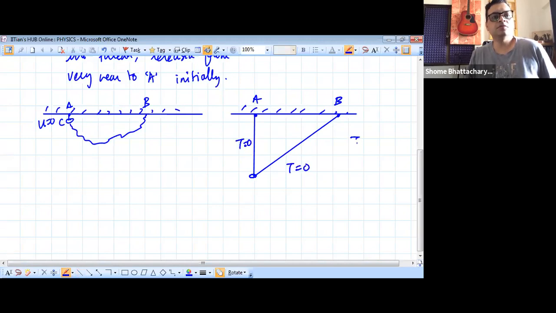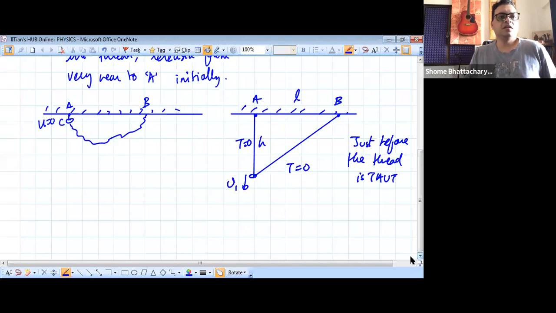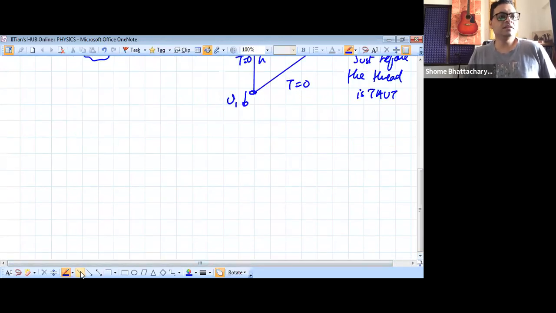Just before the thread becomes taut. Let's say this is that case. Okay. So this height is h, this is of course L between these two. And at this point of time, this is having some velocity, let's say v1. Okay. And then an instant later, the thread becomes taut.